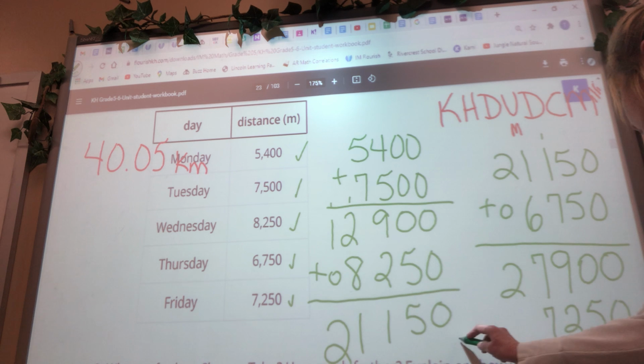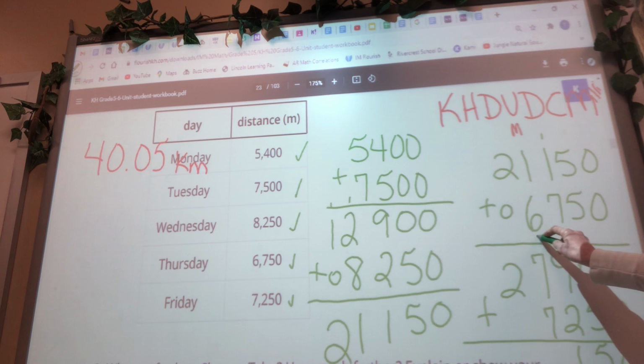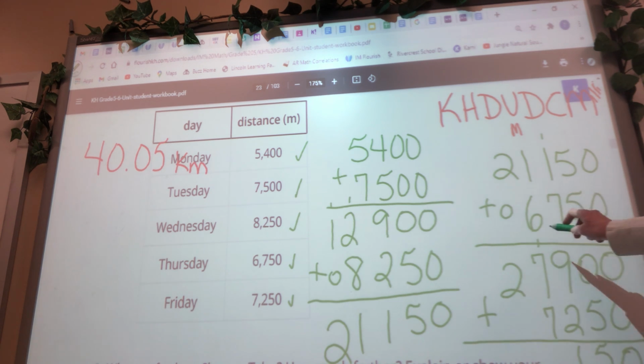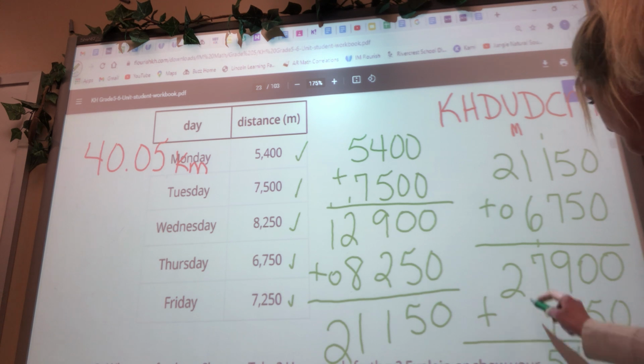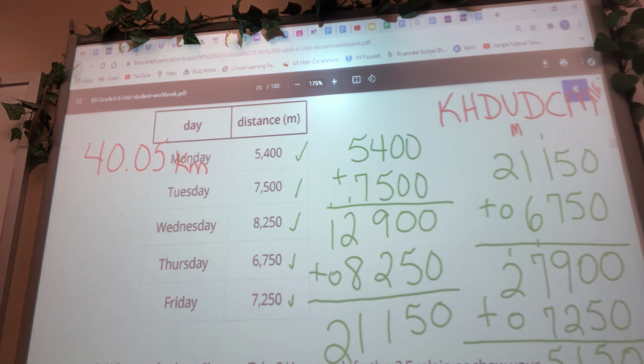7,250. Keep your place values in line. 0 plus 0 is 0. 0 plus 5 is 5. 9 plus 2 is 11. Carry your 1. 7 plus 7 is 14. Plus the one you carried is 15. Carry your 1. 2 plus nothing, or 2 plus 0 is 2.